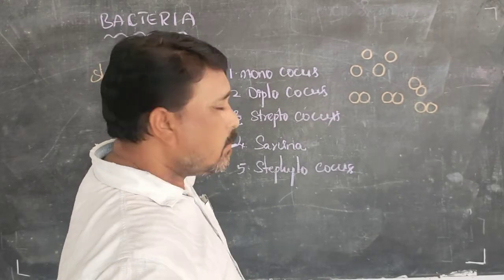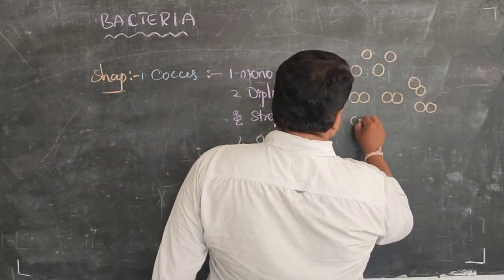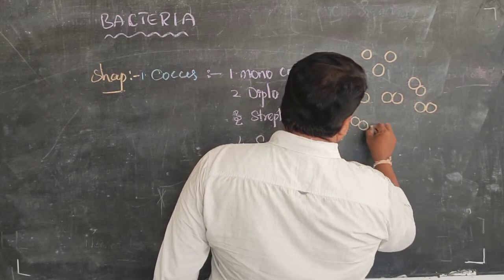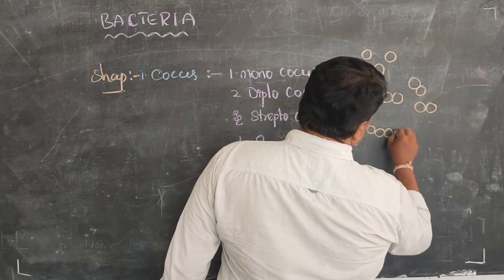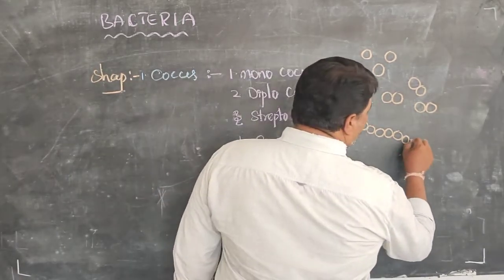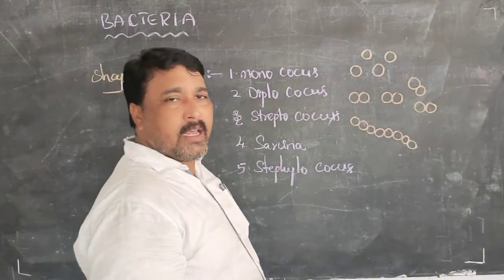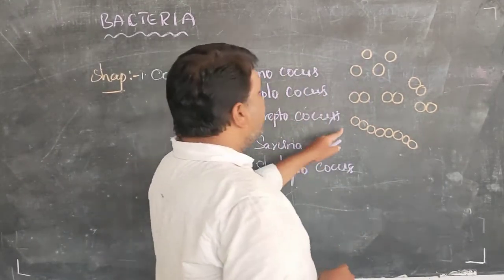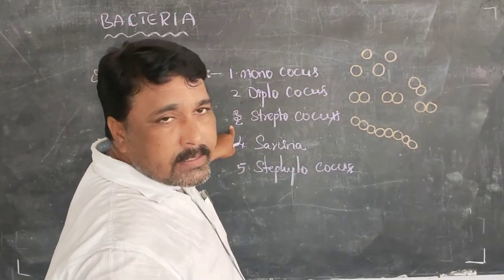Streptococcus: the spherical bacterial cells are attached one to another and look like a chain structure. That type of structure is called streptococcus.